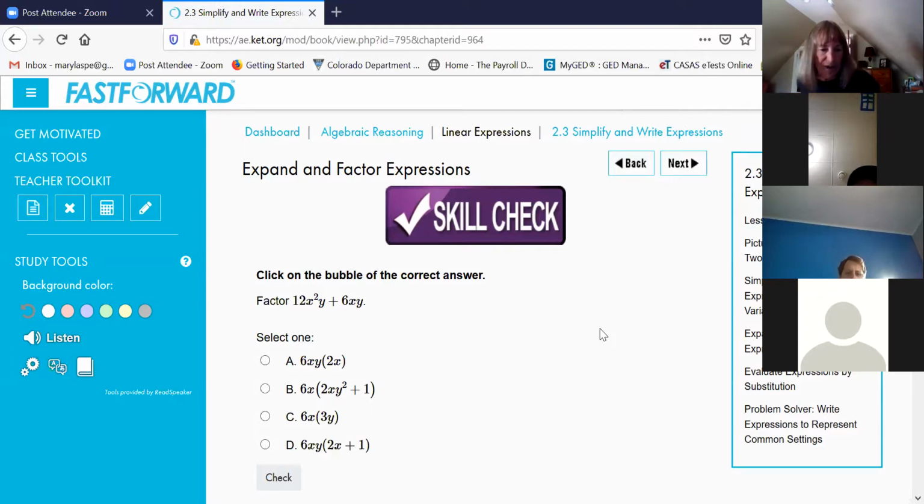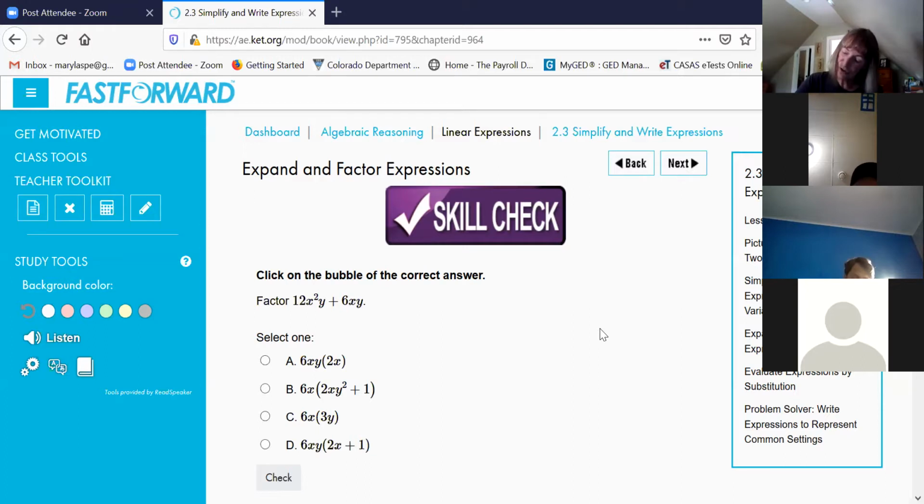Okay, this one, factor. Start with that 12x squared y and the 6xy. We're looking for which variables they are both multiplied by and which number they can both be divided by. 12 and 6 can both be divided by 6.